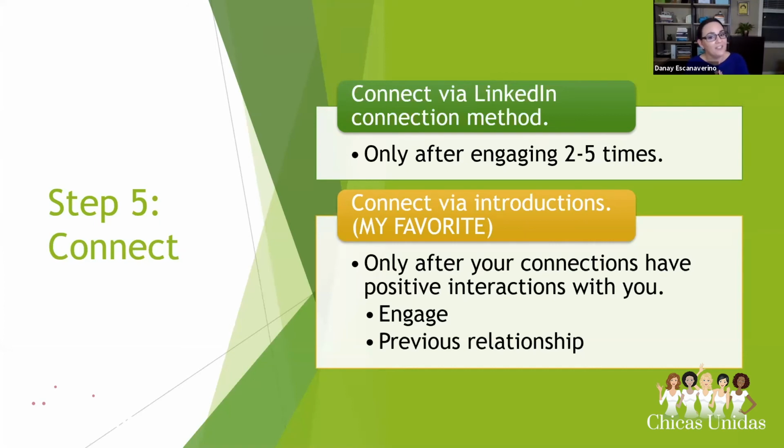Only after your connections have positive interactions with you should you do this, okay? So you either have engagements with them, or you have a previous relationship. It could have been a previous client, it could have been a previous colleague, but you have to have some type of connection with these people that you are going to ask for an introduction from.